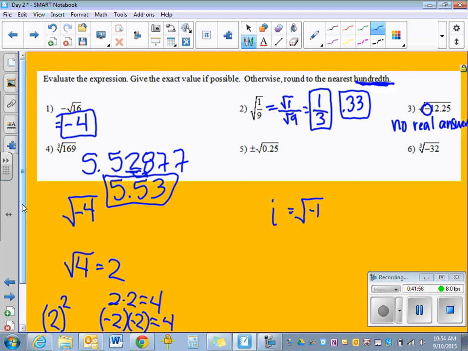Type into your calculator square root of 0.25. 6.25? So double check, make sure you're doing square root and not cube root.